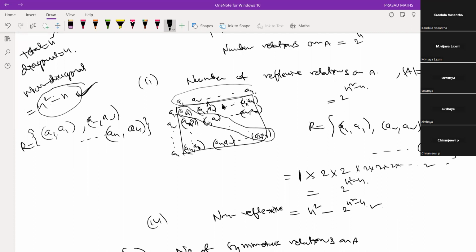There is no relaxation on these elements. To define a reflexive, these elements must be present in R. So this work can be done in one way.